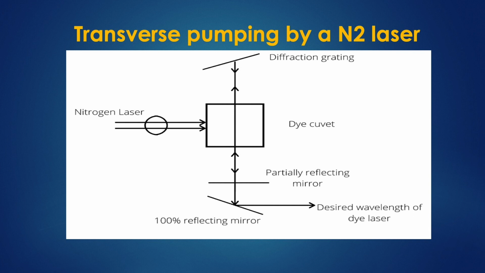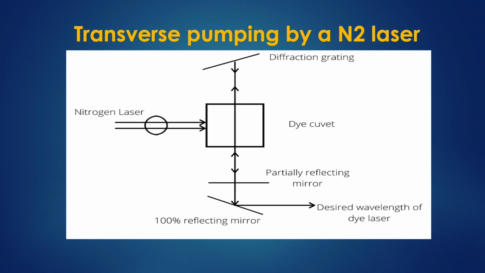You can easily understand. When I pump it hard, in the dye solution you have an intense population inversion. The dye has a quantum yield of about 0.8. So, you get intense stimulated photons coming out both sides, and it is a broadband emission.